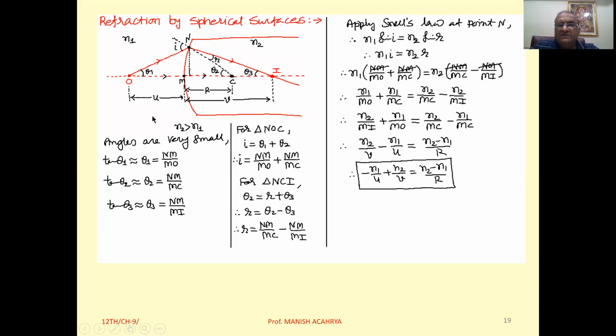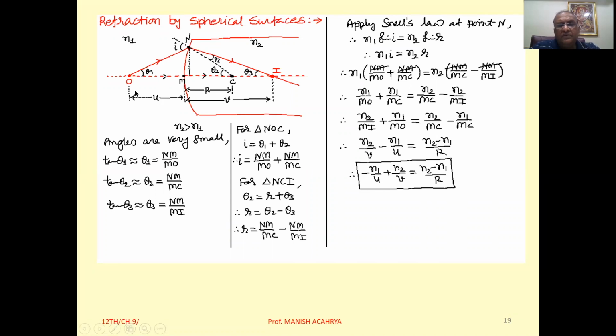Now, suppose here we consider a point-like object on the principal axis. Then let's first discuss this with the help of a ray diagram, how and where the image of this point-like object will be formed.